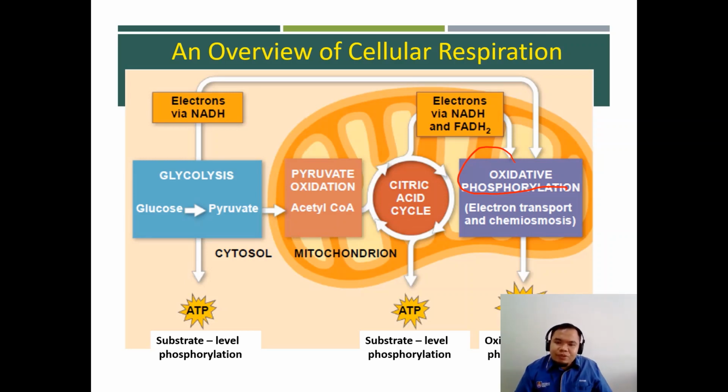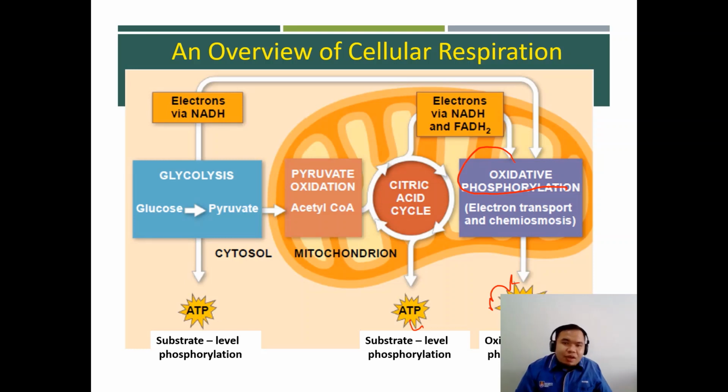The ATP produced here is by oxidative phosphorylation. As you can see, the star at oxidative phosphorylation is larger compared to those at substrate level phosphorylation. So this shows the comparison of ATP produced from substrate level phosphorylation to oxidative phosphorylation.